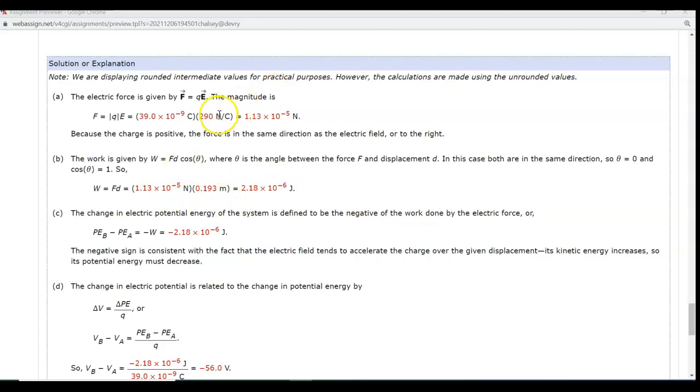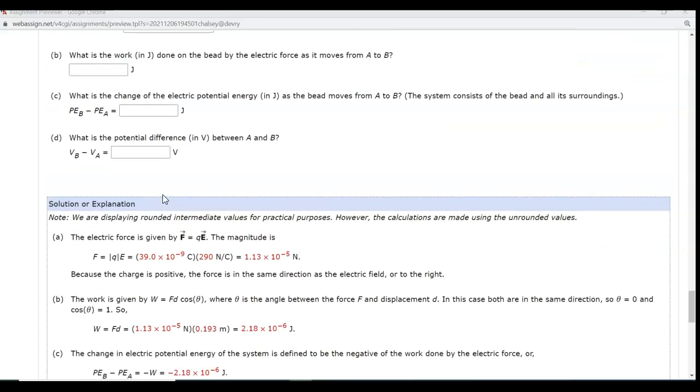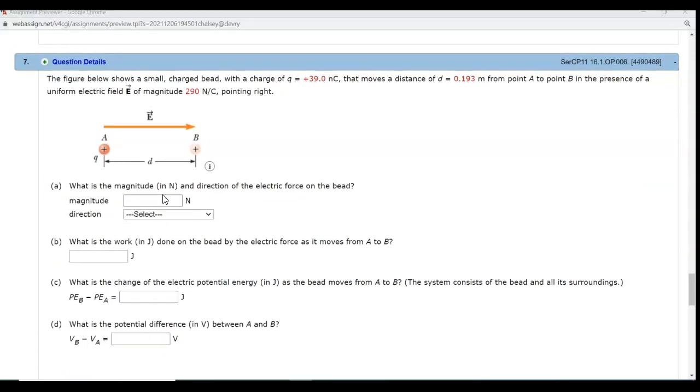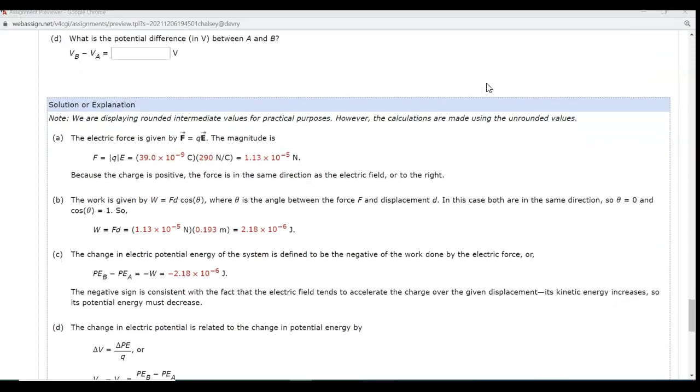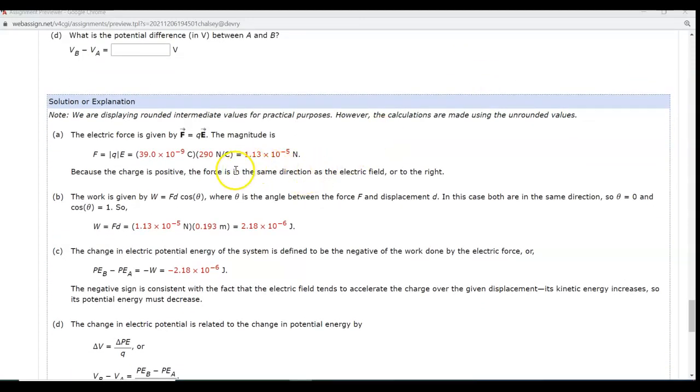So we multiply the force times the distance that was given, 0.193. And that gives us the amount of work done, which is 2.18 microjoules.